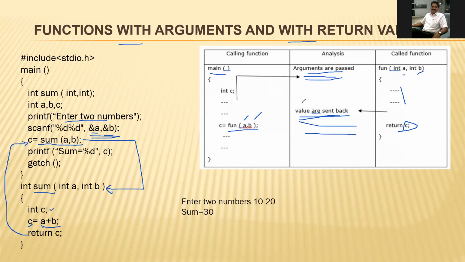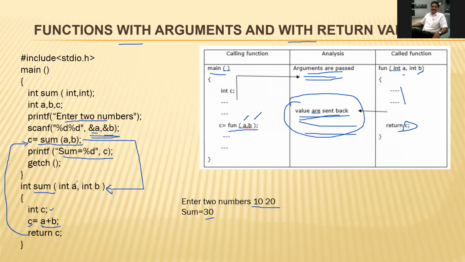So that value will be sent back to the calling function. This is the output of this function. The value of A is 10, the value of B is 20, and the sum is 30, which is displayed here in the main function, that is in the calling function.